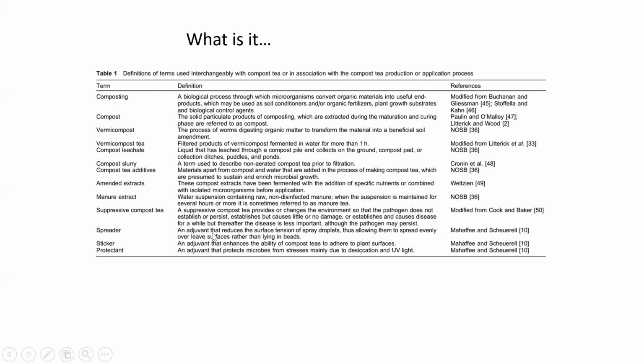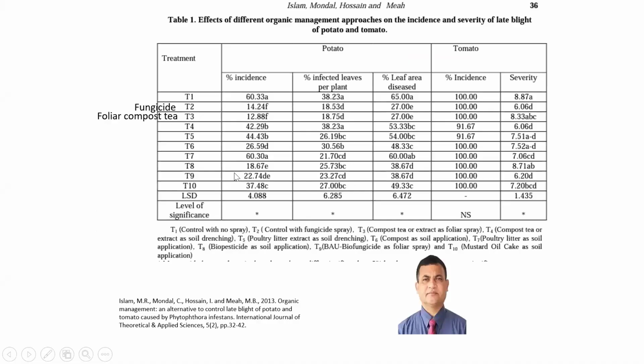There's all kinds of definitions of it and all kinds of ways that it can be used. The research shows that compost tea has a fairly limited value on improving soil health in most situations, especially in Canada, where our soil health is quite good. But where compost tea does have a role to play is in disease management.